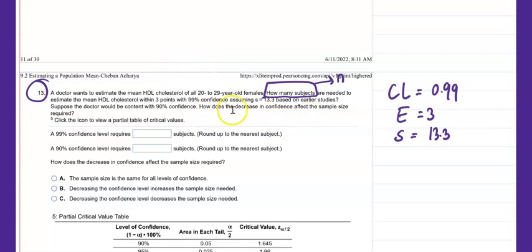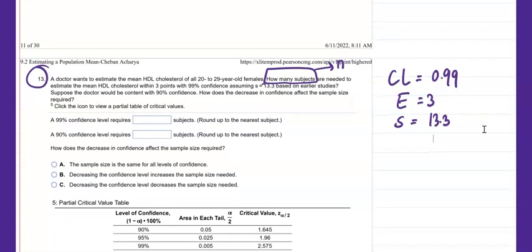So the first question is, what is the sample size in this case? That means how many subjects are needed if the doctor wants to estimate with 99% confidence level and within 3 points with 13.3 sample standard deviation. So for this one, there is a formula for n.